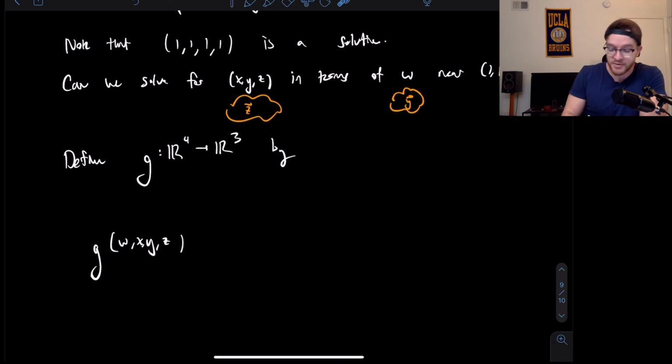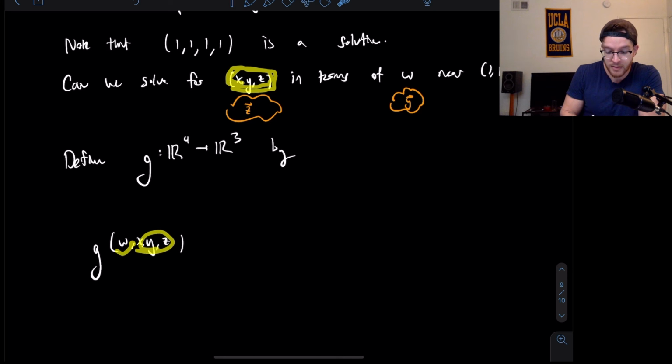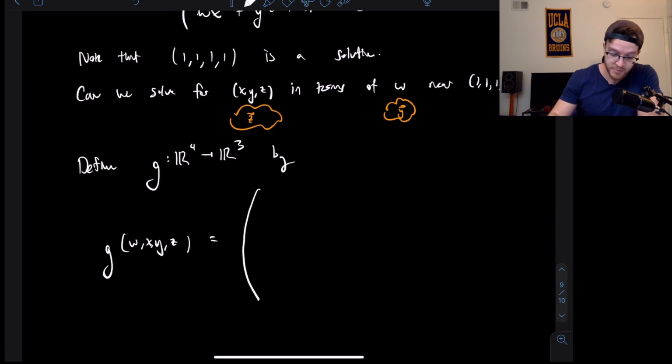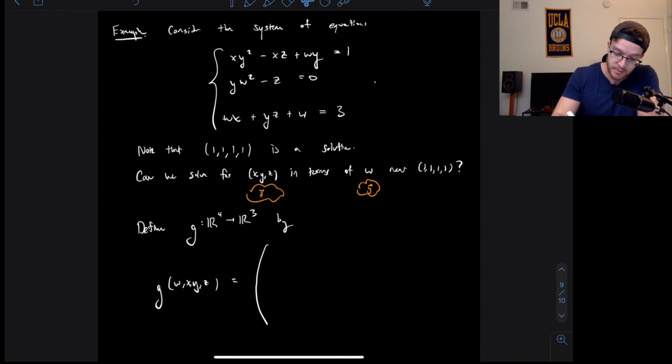I'm going to do it in this order because, to be consistent with my statement of the theorem, I want to solve for these 3 variables in terms of this variable. And it's going to be the vector whose components are the corresponding components here.